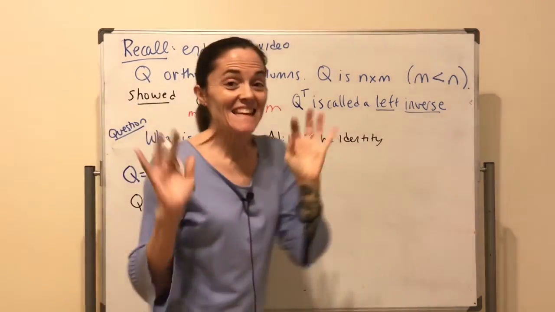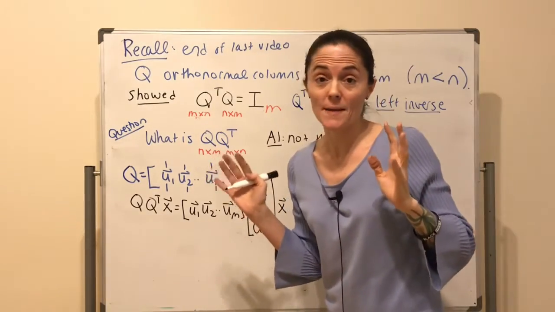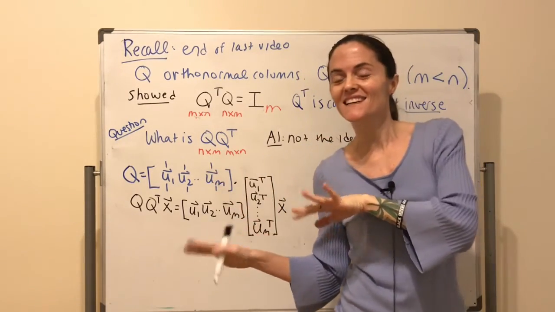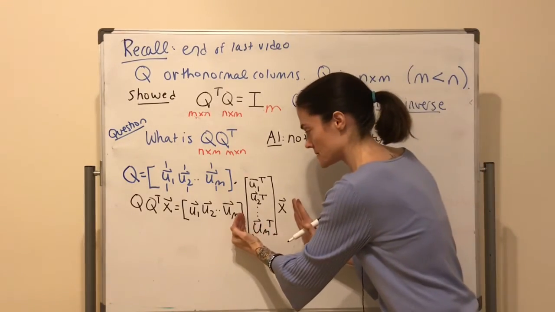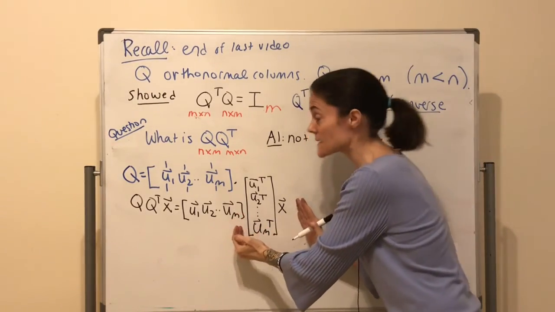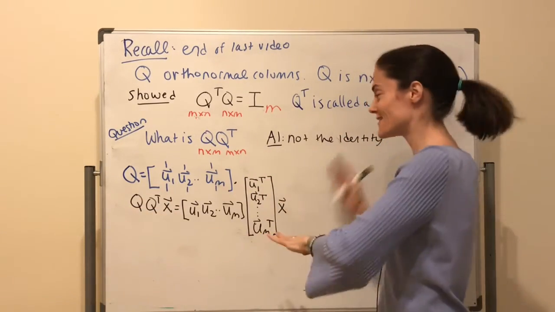Now, the neat thing about the observation we're going to make is we have to think about both ways of multiplying a matrix. We have to think about the row picture, and we have to think about the column picture. So the first thing I'm going to do is think about this, Q transpose x, in terms of row dot x, row dot x, row dot x, like this.